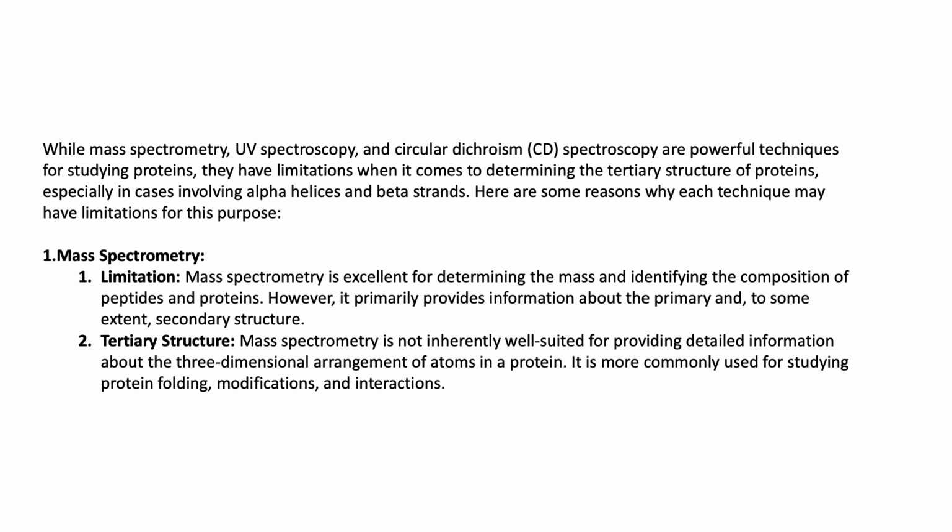In the case of mass spectrometry, it is excellent for determining the mass and identifying the composition of peptides and proteins, but it primarily provides information about the primary structure, which is the sequence, and to some extent the secondary structure. It is not inherently well suited for providing detailed information about the 3D arrangement of atoms in proteins. It is more commonly used for studying protein folding, modifications, and interactions.